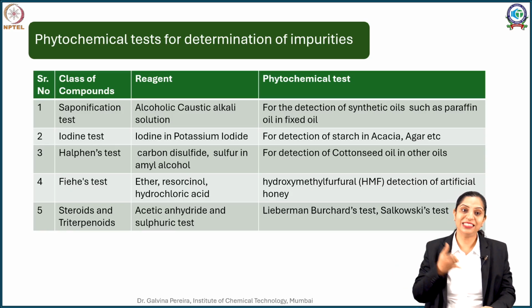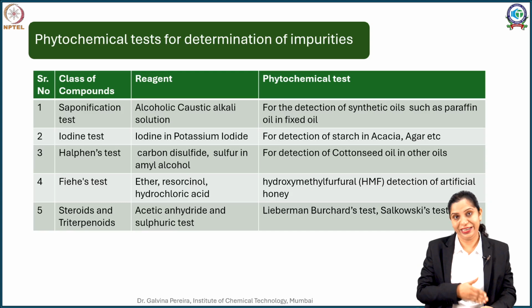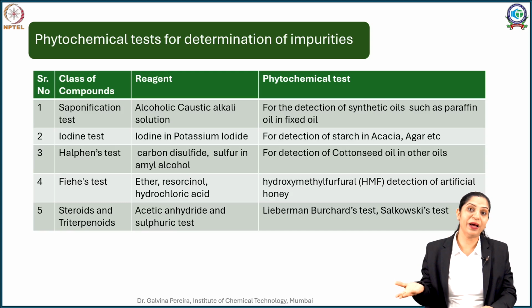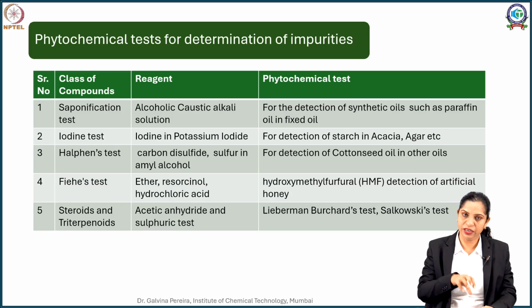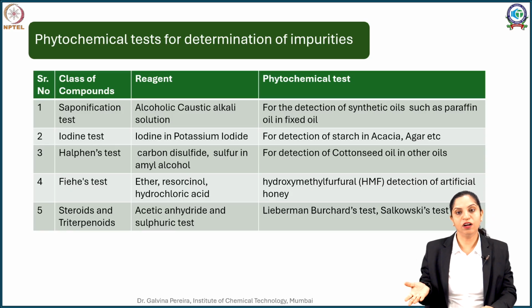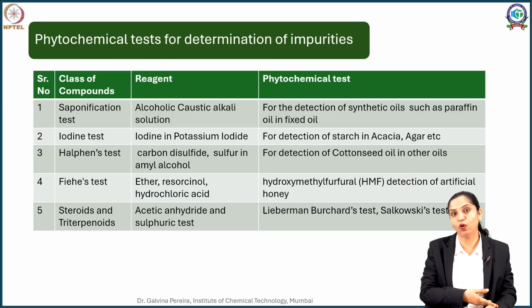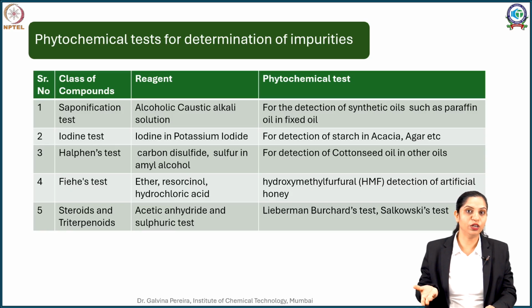When you do a saponification test, your fatty acids will saponify, whereas your paraffin will not saponify. So a saponification test will tell me whether it is a triglyceride, a fat or a wax, or really paraffin that is not saponifying at all. On saponification, your soap will dissolve in water, but paraffin cannot dissolve in water because it will not saponify.